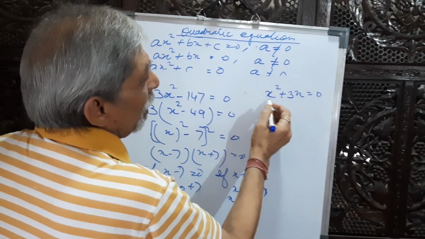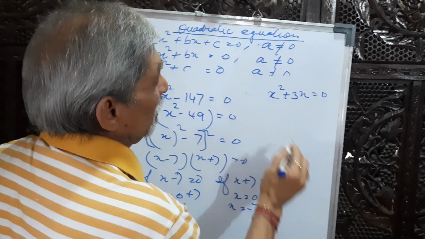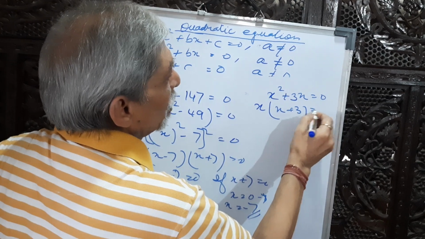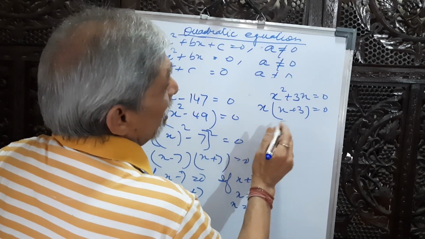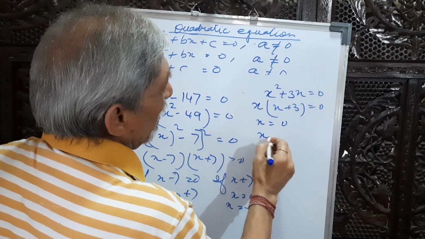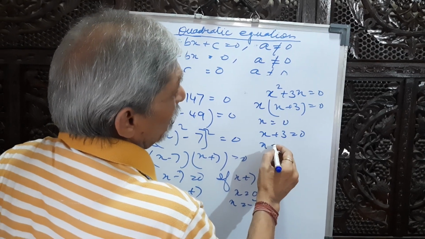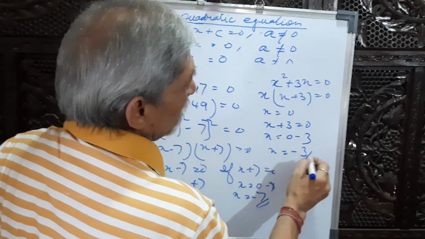So here we will just check what is common. x is common, x into x plus 3 is equal to 0. So we will get x is equal to 0 and x plus 3 is equal to 0. So x is equal to 0 minus 3, x is equal to minus 3.